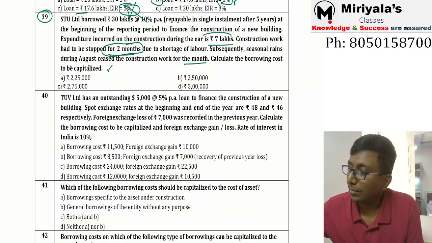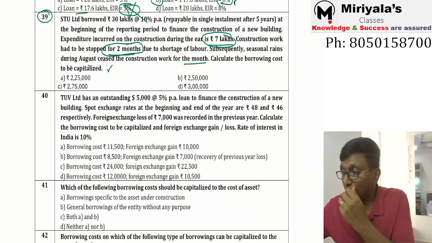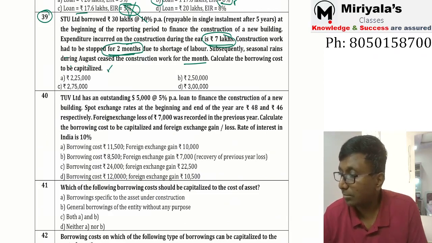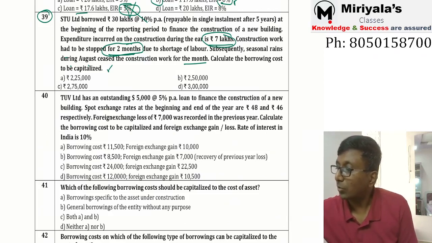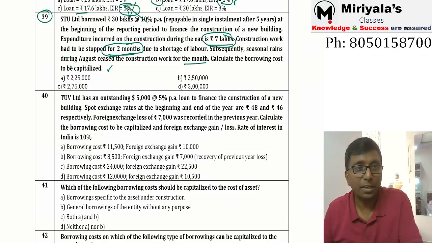See, simple thing, 7 lakh rupees, correct? So 7 lakh rupees is what you have utilized, into the rate of interest, 10 percentage. Wait 1 second. No, this is specific borrowing, assume that first for the time being. If you assume specific borrowing, then the total amount of interest you are supposed to take: 30 lakh into 10% is 3 lakh. 3 lakh is for 12 months, my dear.